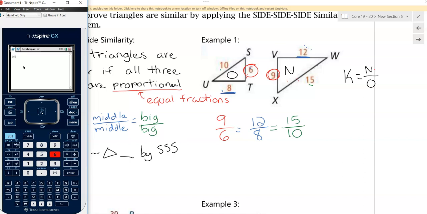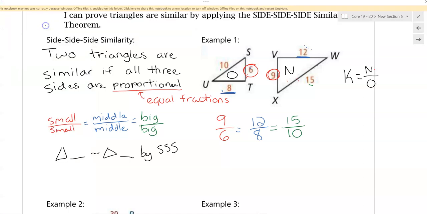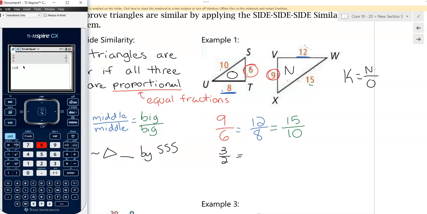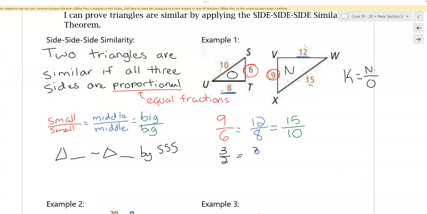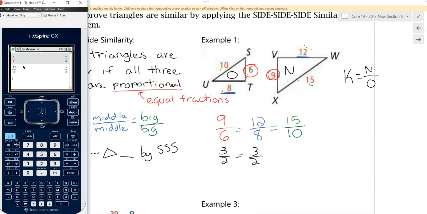There we go, 9 over 6, which is 3/2. Then we have 12 over 8, which is also 3/2. This is looking promising. And then we have 15 over 10, which is also 3/2.